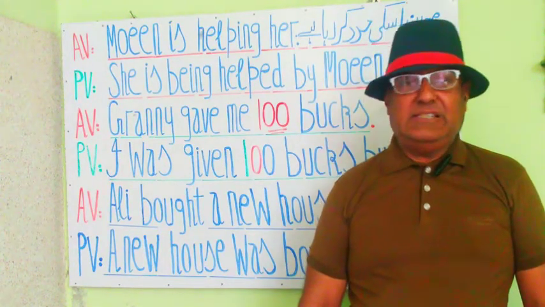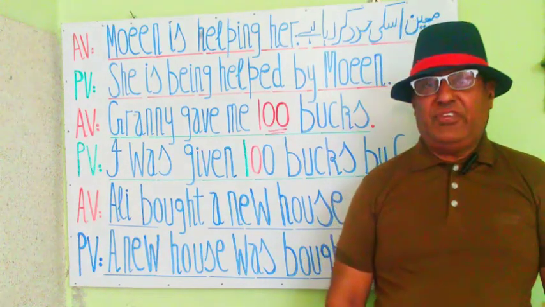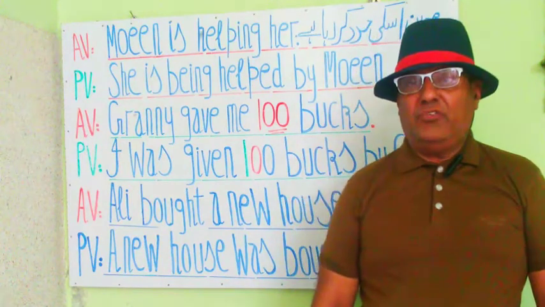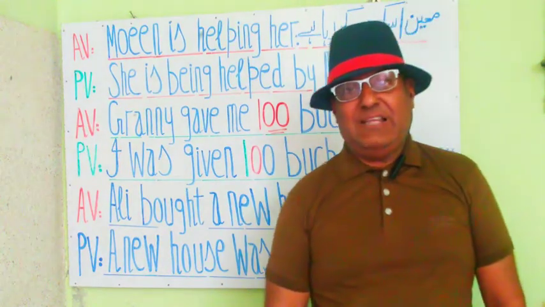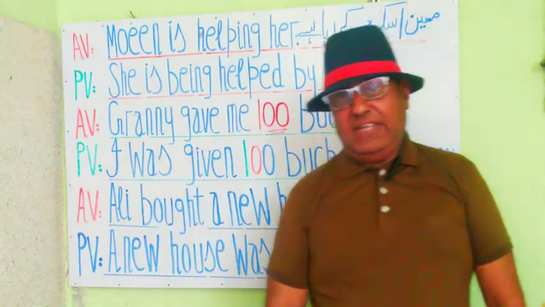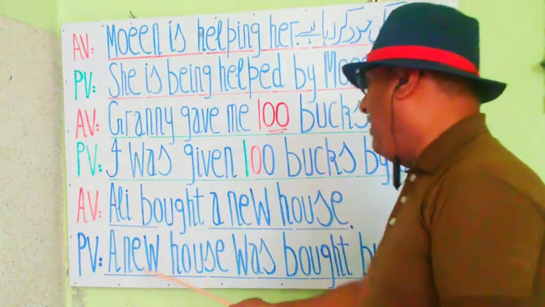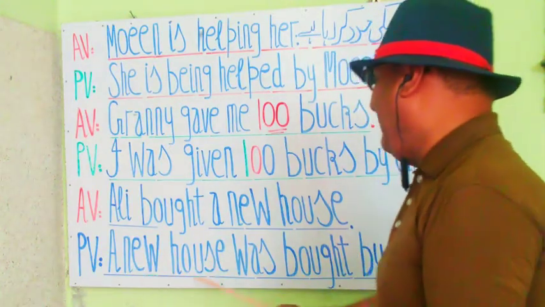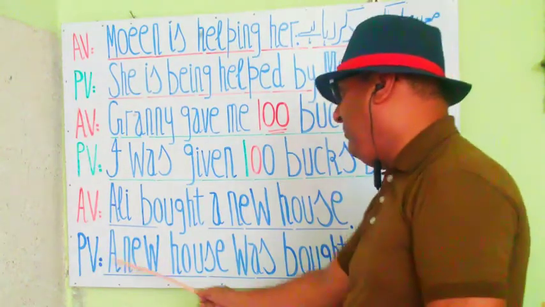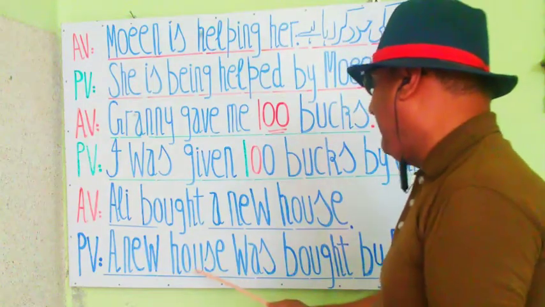New house is an object here. So when we change it to the passive, subject Ali and object a new house will change their places. Here you see that when we write the passive, a new house will stand here as a subject in the passive voice statement.